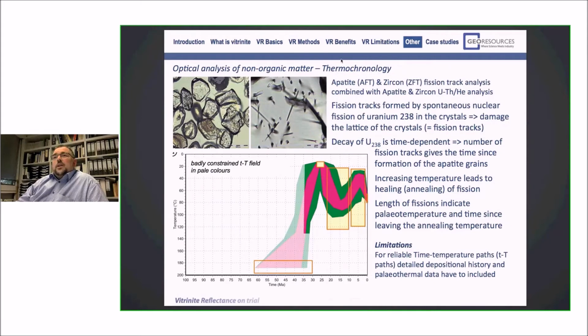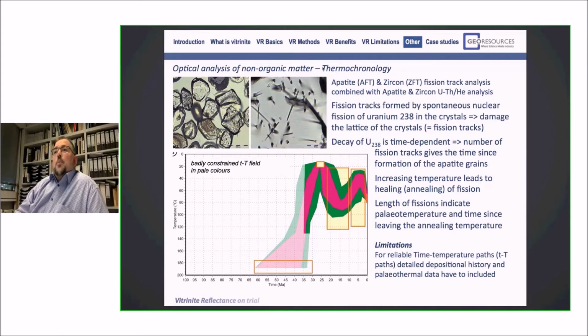And finally, something that is applied in relatively many studies in modern times, thermochronology, which is based on fission track analysis in apatite and zircon, or sometimes combined with apatite, zircon, uranium-thorium-helium analysis.